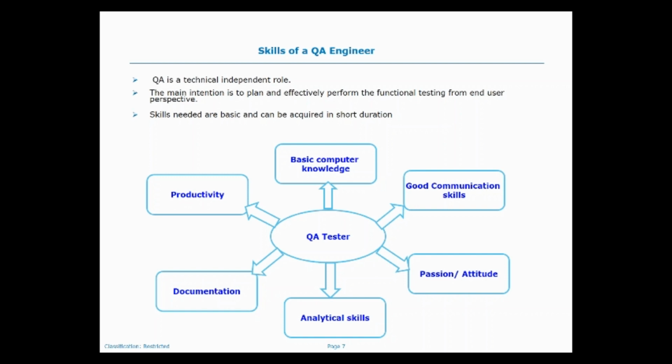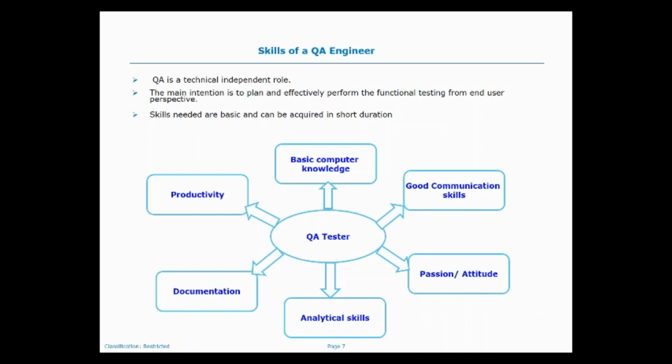But when I am a QA tester, I don't need to know what language the product is being developed with. I just need to have the skills to find the test cases on how I can break the code.